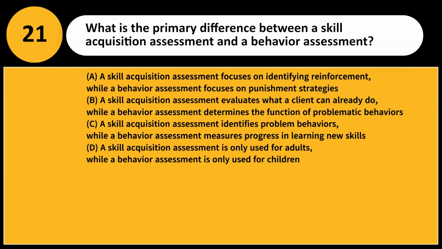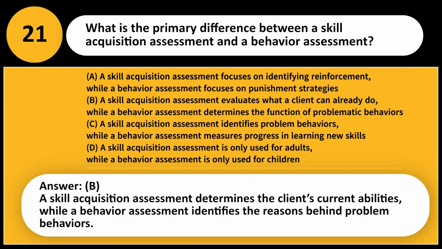C. A skill acquisition assessment identifies problem behaviors, while a behavior assessment measures progress in learning new skills. D. A skill acquisition assessment is only used for adults, while a behavior assessment is only used for children. Answer: B. A skill acquisition assessment determines the client's current abilities, while a behavior assessment identifies the reasons behind problem behaviors.